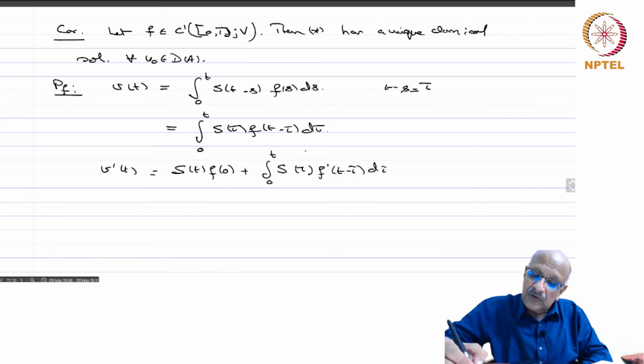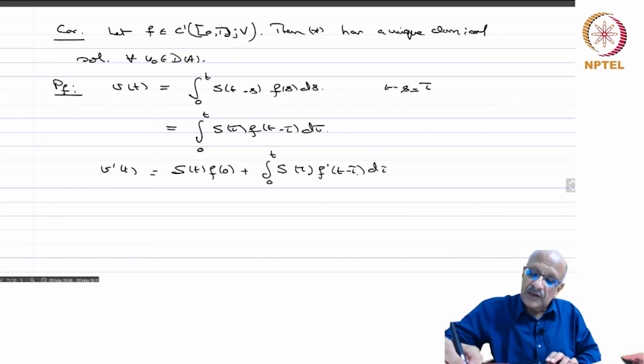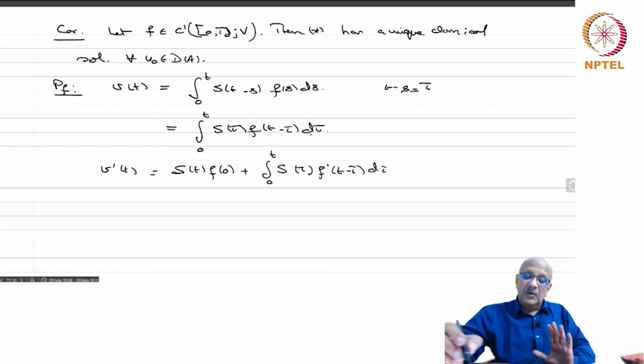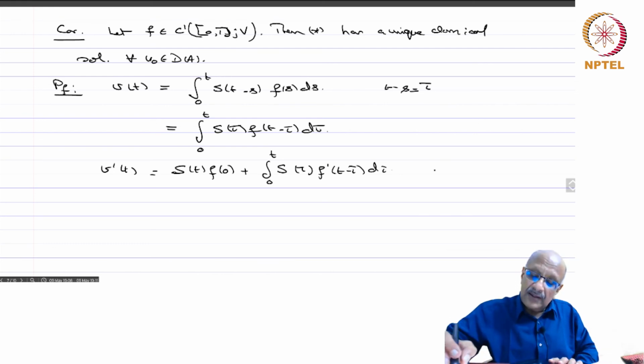I am just differentiating this with respect to t. This differentiation under the integral sign is well defined because f is in C1. Okay. So, this integral can be differentiated, and therefore, this is what you have, and therefore, this is continuous.